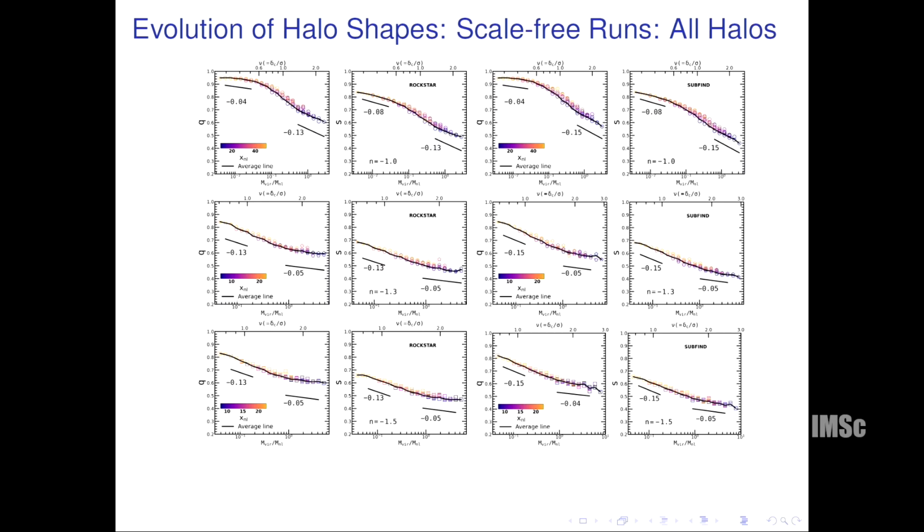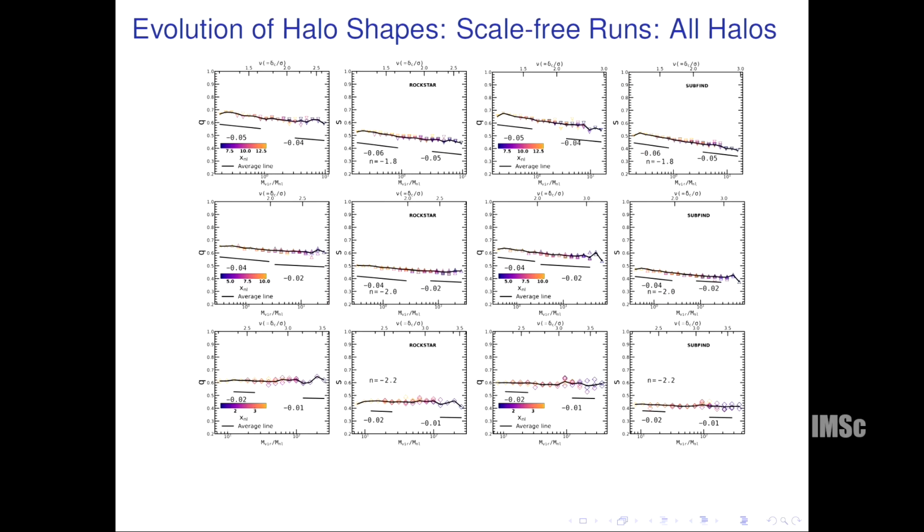This is for n equal to -1, -1.3 and -1.5. And we are plotting the median of these distributions as a function of either M by M nonlinear or nu. Nu is on the y-axis, and you see that it's a tight evolution, and it goes along some characteristic curve which we are going to quantify.